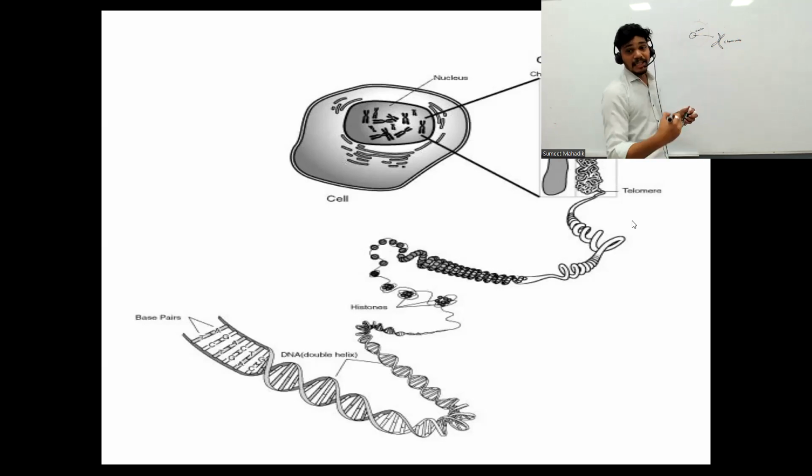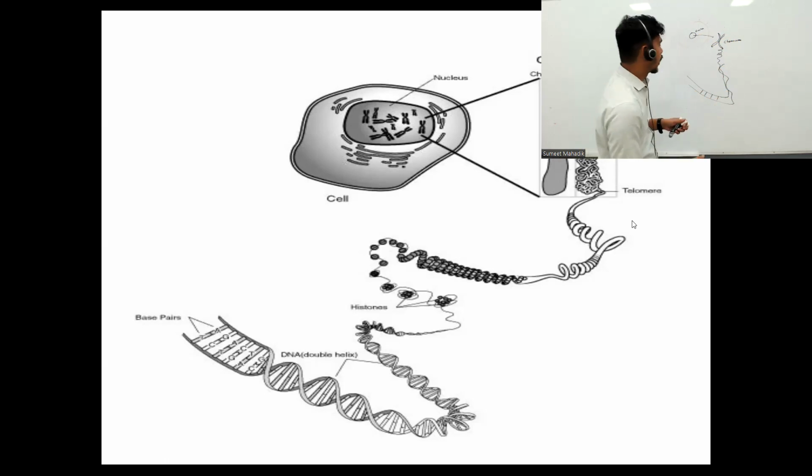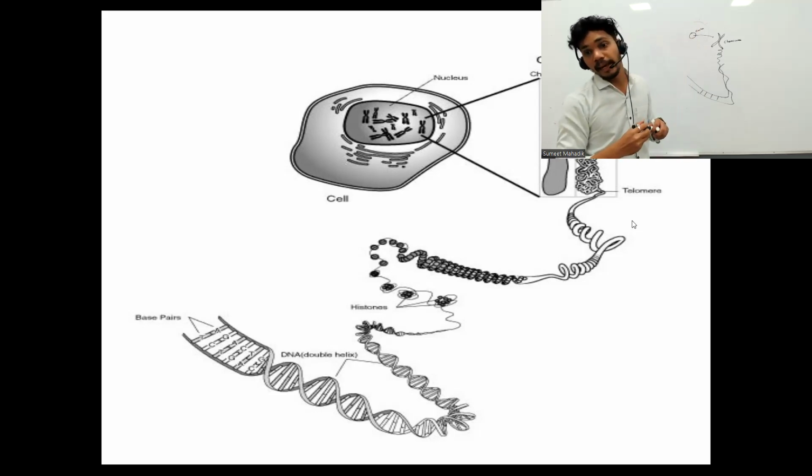Inside the chromosome, there is DNA wound. Yes or no? DNA winding is there. From the DNA, binding is there, right? So ultimately, this information is actually inside the nucleus.